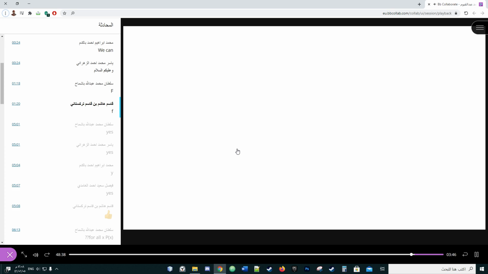Okay, so let's begin. Bismillah ar-Rahman ar-Rahim. Let's say there is an English statement: Tomcat is cute. So I want to translate this English statement into logic. So how do I do it? I need something like this to indicate it.